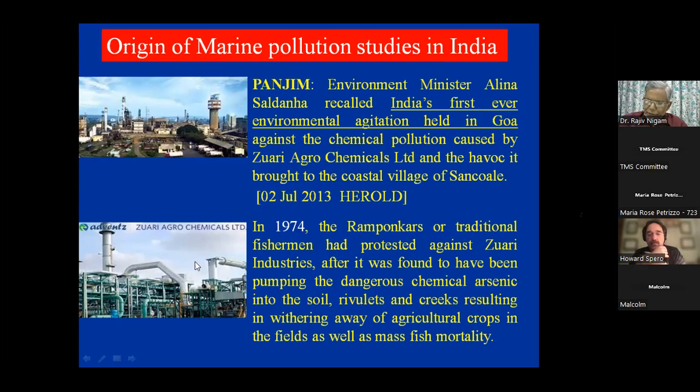This agitation brought into consideration what needed to be done. The factory cannot be closed, but at the same time, we cannot allow people to pollute that area and take away their livelihood. In 2013, a newspaper reported the minister remembering that this was India's first ever environmental agitation, held in Goa.